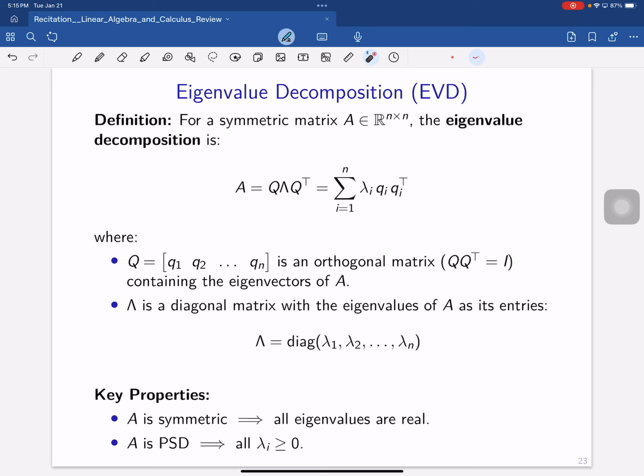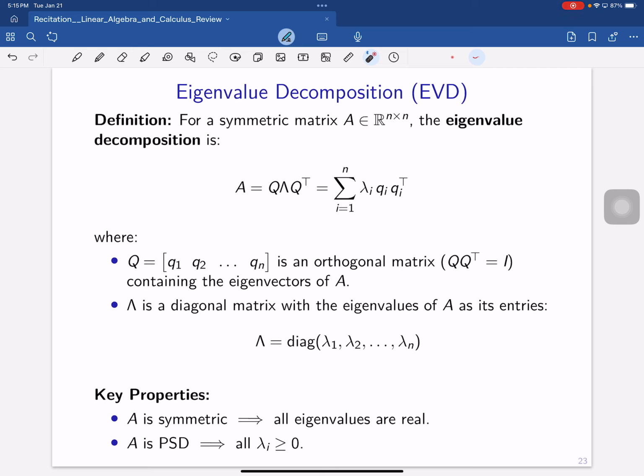So the way to think about this is, for any symmetric matrix A, this is a way of decomposing matrix A into n rank 1 matrices, right? Because Qi itself is a single vector, therefore Qi times Qi transpose is a rank 1 matrix. Right? So this is a way where you could decompose A into n rank 1 matrices.